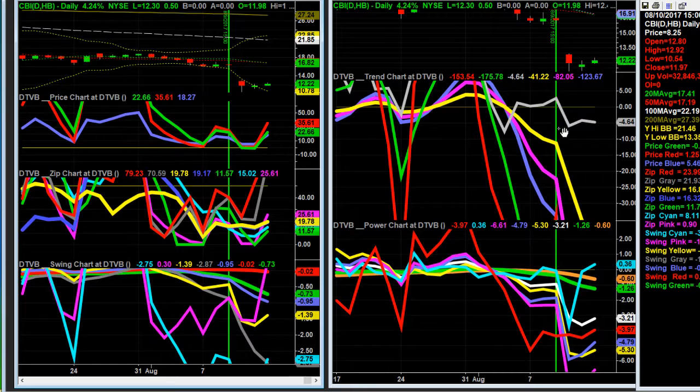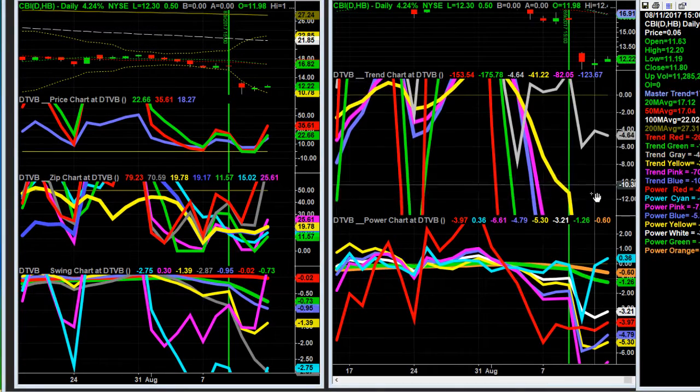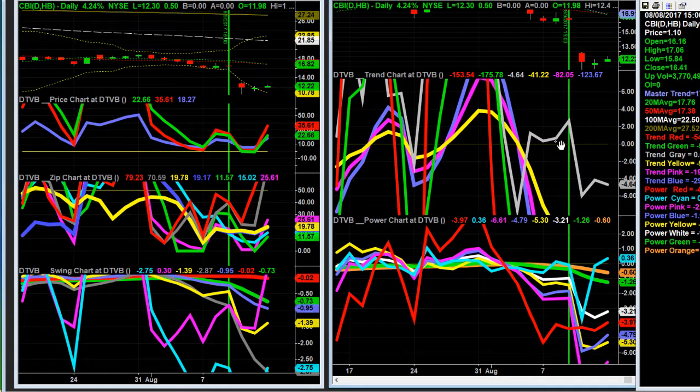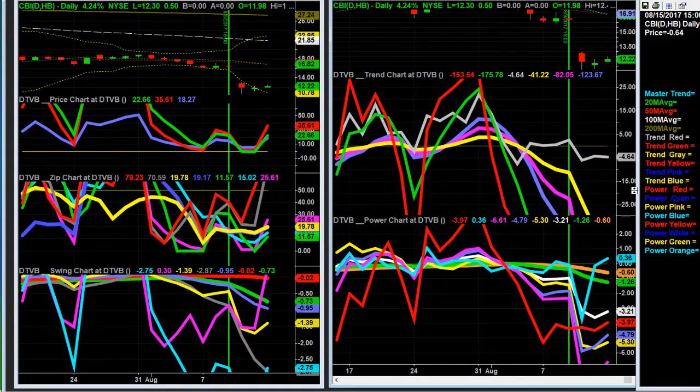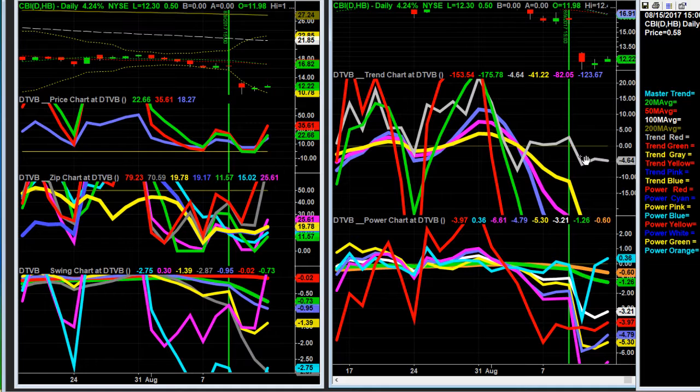Now, in the trend chart, if you look closely, we have a high M, higher right peak 3-day pattern. Trend gray has a higher peak on the 3rd day, but keep in mind it is close to 0. It's not really on a peak, and it's the only high M pattern that we have.